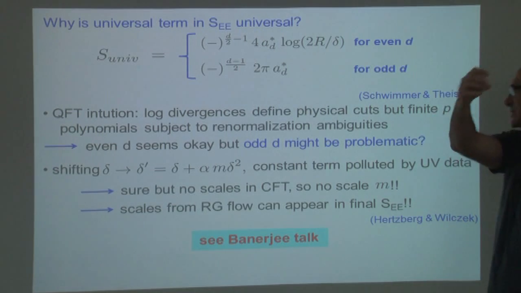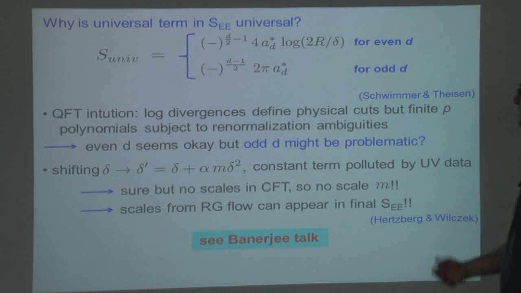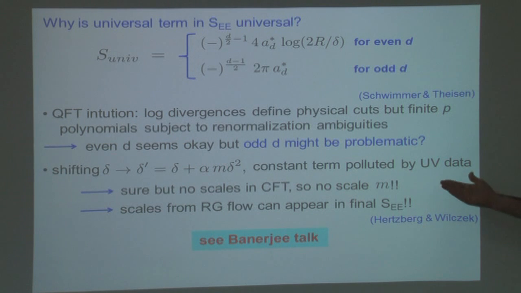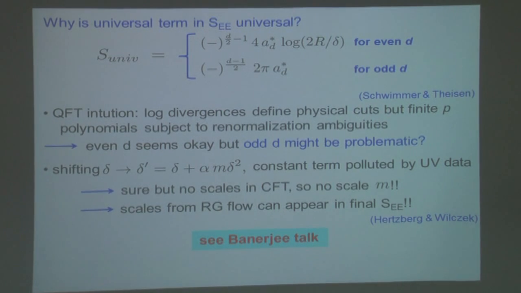If I have an RG flow that takes me down to a CFT, scales that appeared in the RG flow can appear in the final answer for the entanglement entropy, even in the infrared. I originally learned that from a paper by these folks, but we saw it the other day in one of the talks here, where there was an m squared term appearing in the entanglement entropy.